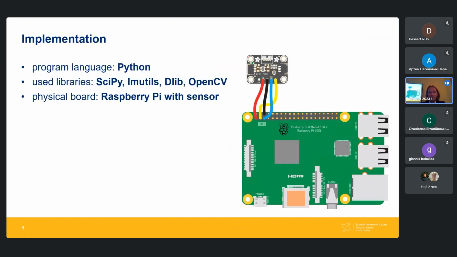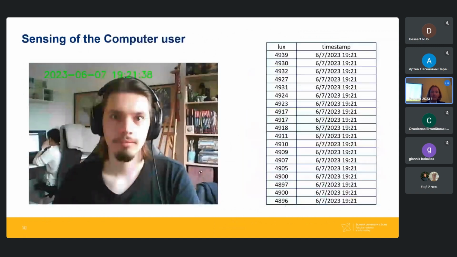For implementation, we use the programming language Python and the libraries SciPy, imutils, dlib, and OpenCV. The physical board with the sensor is a Raspberry Pi with an ambient light sensor.